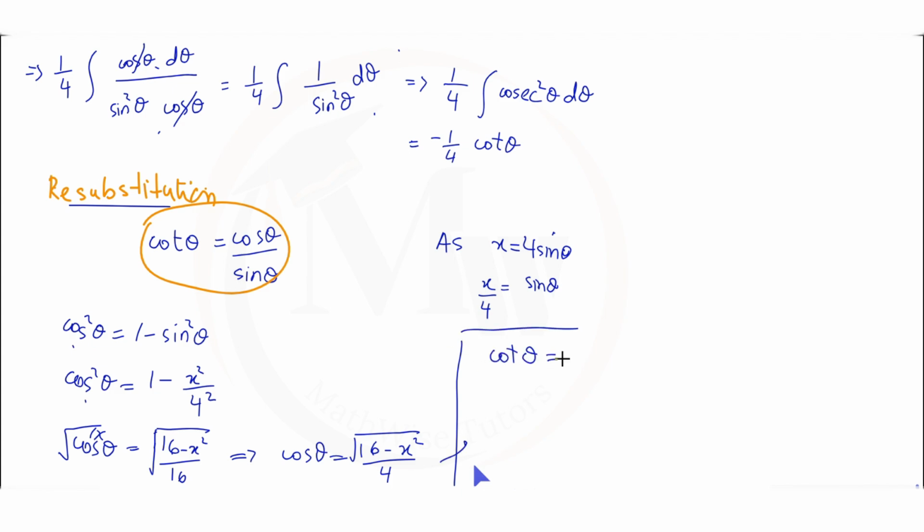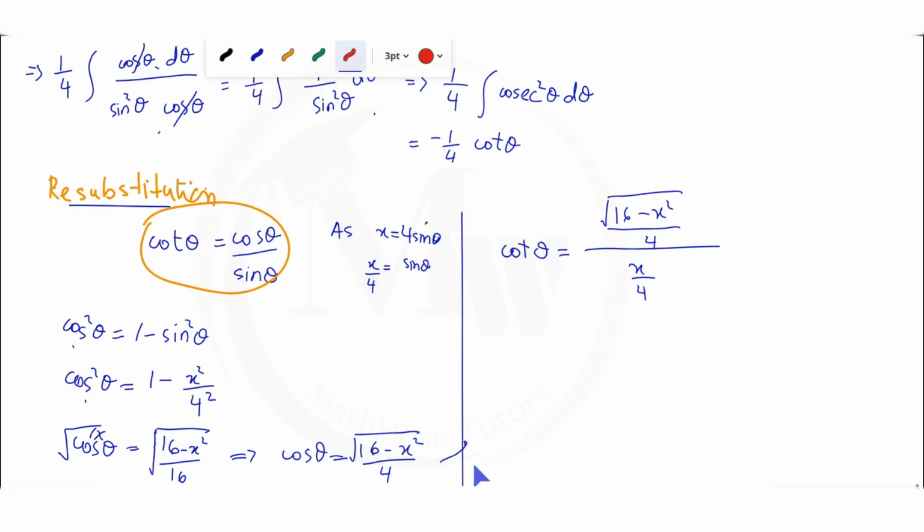Cot theta equals cos over sine. What is cos? It's square root of 16 minus x square over 4, divided by, what is sine? x over 4. When you simplify this, 4 and 4 will cancel out, right? It becomes square root of 16 minus x square over x. This is the value of cot theta.